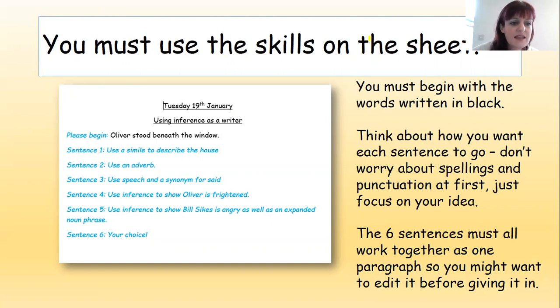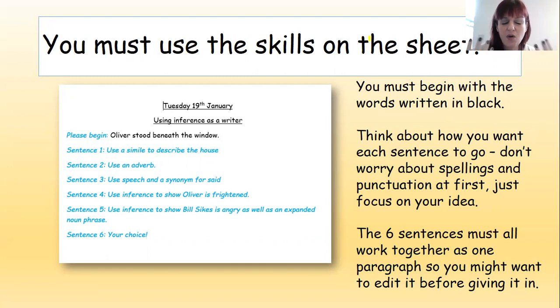The third sentence, you will use speech and a synonym for said. So maybe it can be Bill speaking, saying, don't forget to go for the door, growled Bill Sikes, and you need to make sure that punctuation is all right. Sentence 4 is to use inference, because we've warmed up to it. And sentence 4 is to show Oliver is frightened.